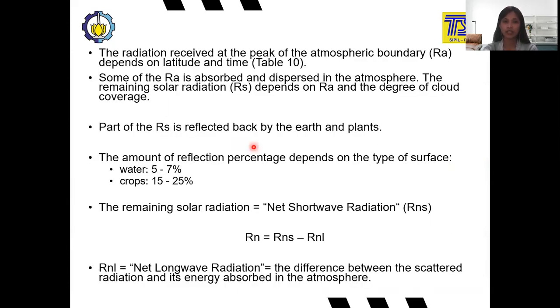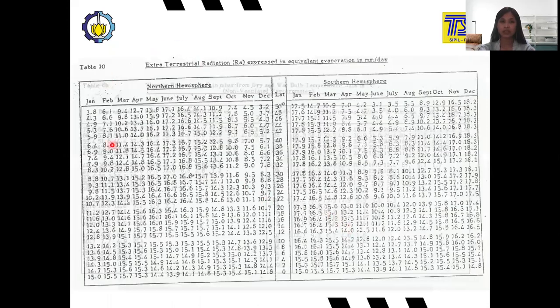And here we got the part of the radiation which is reflected back by the earth and the plants, with a percentage of reflection by the water from 5 until 7%, and reflected by the plants or crops from 15 until 25%. It really depends on the month also. That's why we need to use this table.